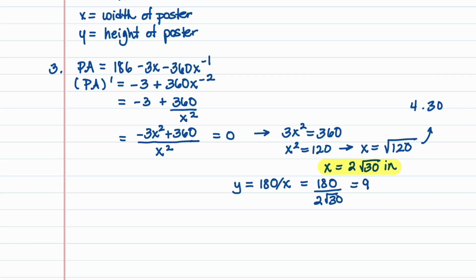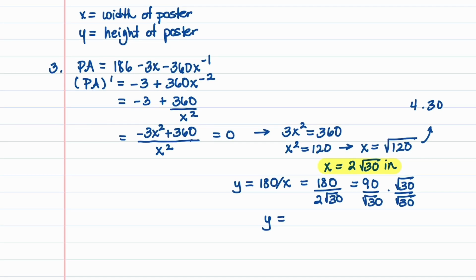This then is 90 divided by root 30. And I think we should go ahead and multiply by root 30 over root 30. This is going to make things easier. So this gives us that y is equal to 90 divided by 30, which is just 3, square root of 30. And again, we have inches for our units.